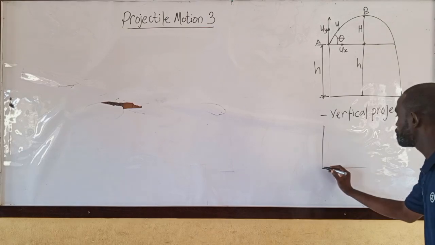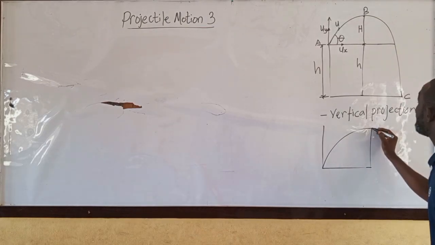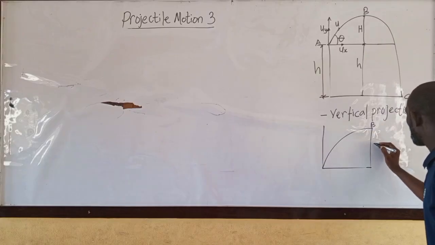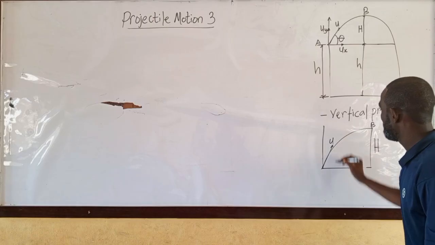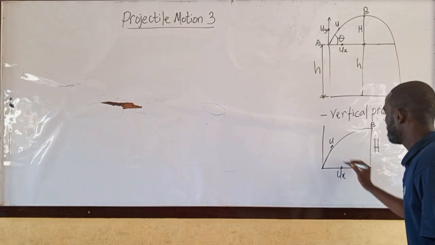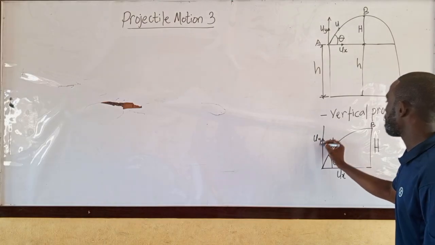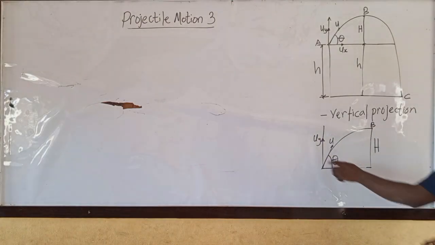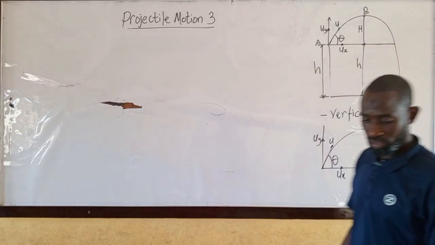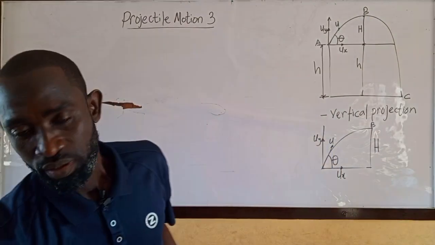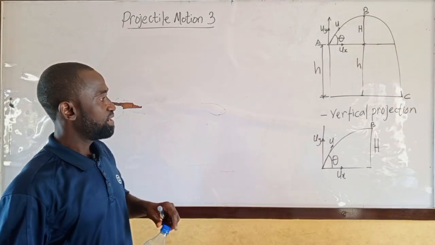This is our B, this is our H, this is our U, this is our U of X, this is our angle of projection, and this is our U of Y. U of Y is the vertical component of the initial velocity. U of X is the horizontal component of the initial velocity. So from here, that's the first phase, vertical projection.